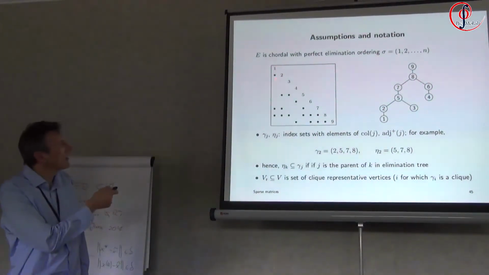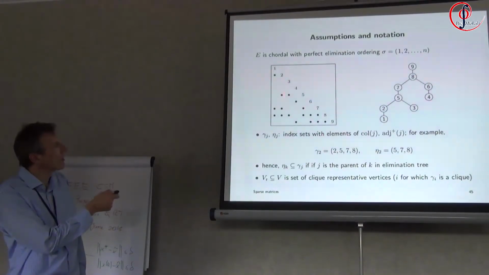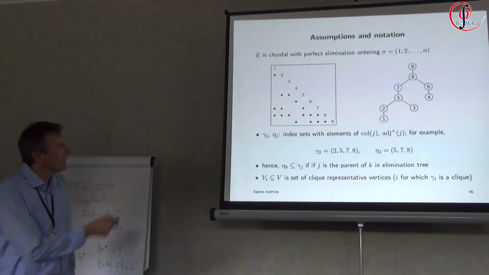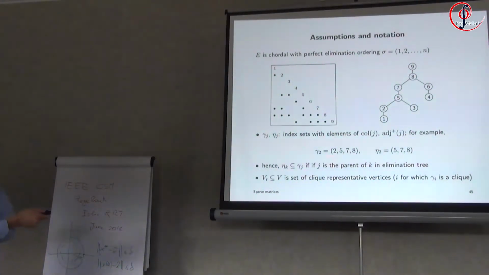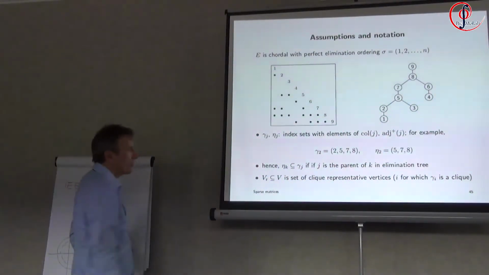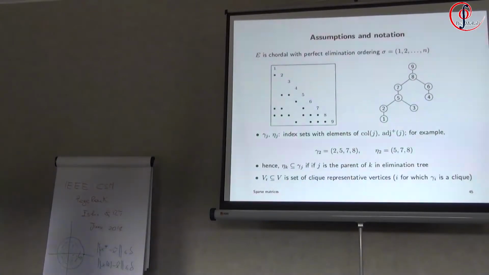So gamma 2, for example, are the indices below the diagonal in column 2, including the diagonal itself. So gamma 2 is 2, 5, 7, 8 here. Eta 2 is the strict higher neighborhood, so 5, 7, 8. VR will be the subset of the vertices that are pivot representatives.